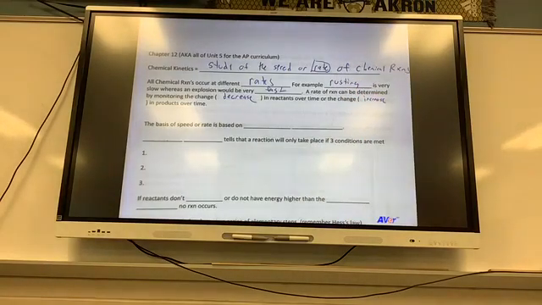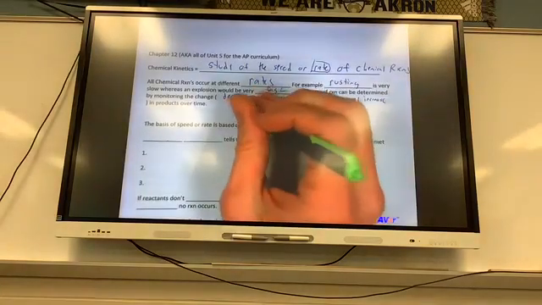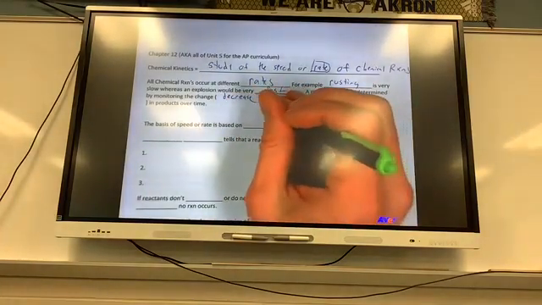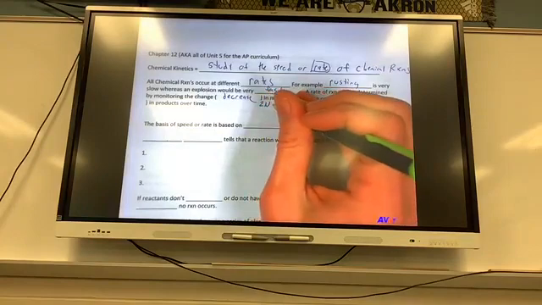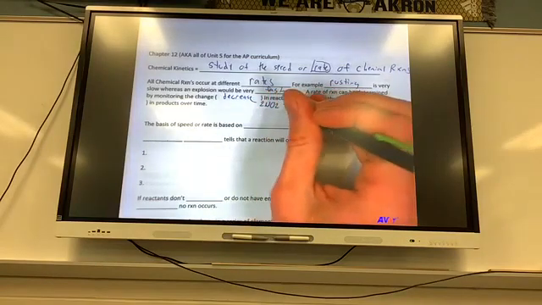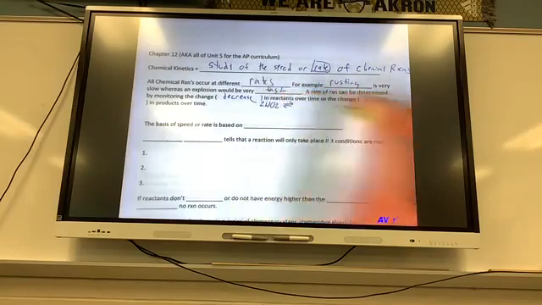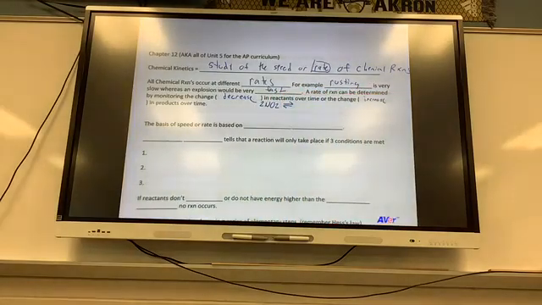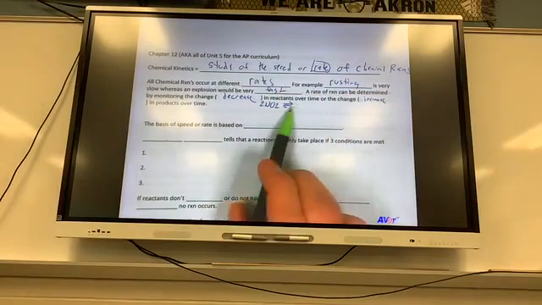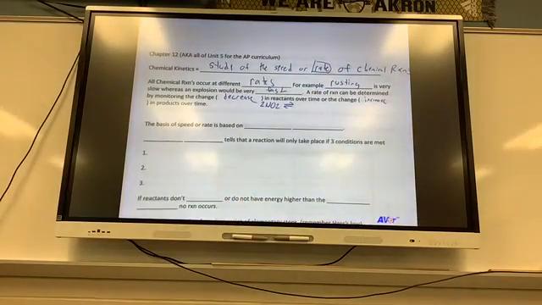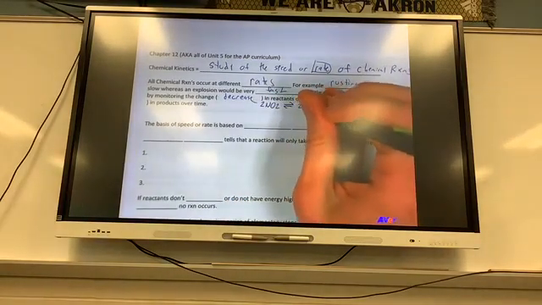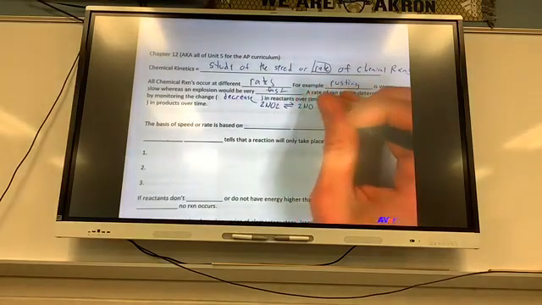So if I had the following equation, if I wrote out 2NO2 in equilibrium, that's how you draw it. It's kind of a half arrow forward and a half arrow backwards. Equilibrium with 2NO plus O2.